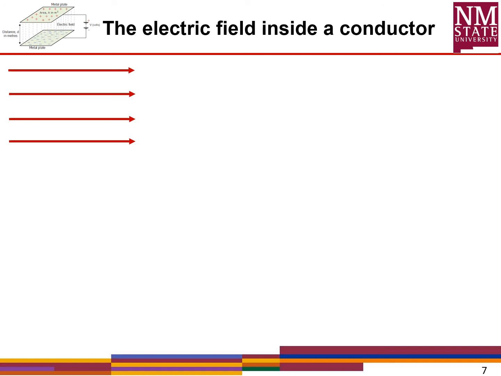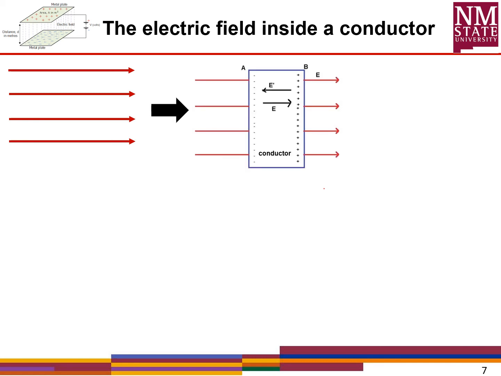Now I'm going to place an uncharged conductor inside this electric field. The uncharged conductor means the number of positive charges equals the number of negative charges.